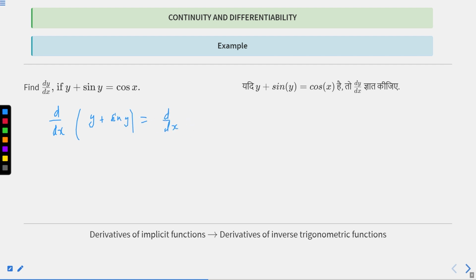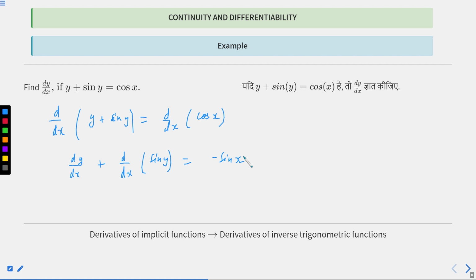If you differentiate it, what will you get? This will become dy/dx plus the derivative of sin y, and the right side will be minus sin x, as you all know the derivative of cos x with respect to x gives you minus sin x.